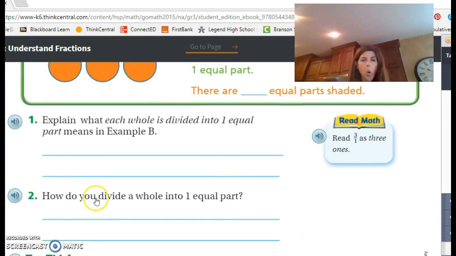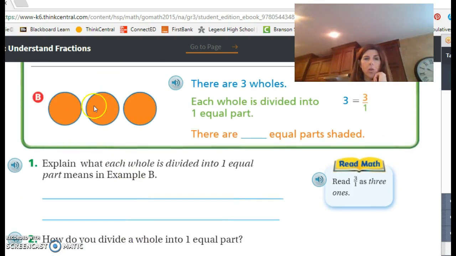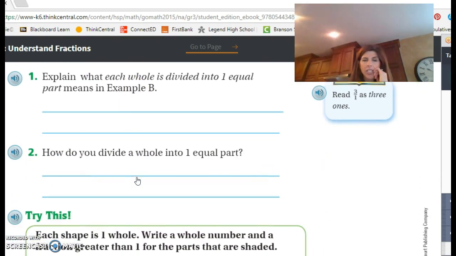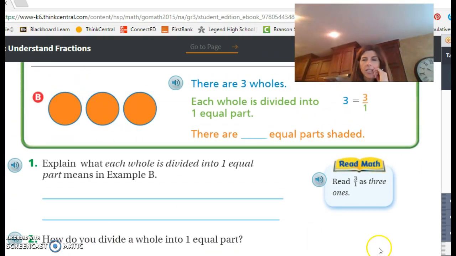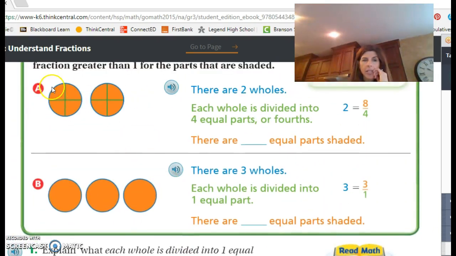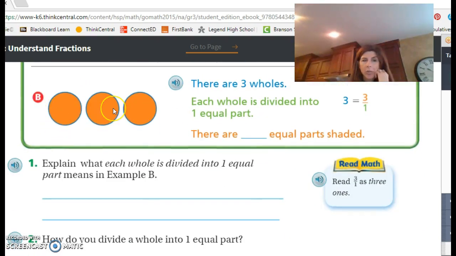How do you divide a whole into 1 equal part? Okay? So if this is a whole, into 1 equal part. Kind of a tricky question. You don't have to because it's already a part, okay? Just the same as if right up here, this is divided into 4 equal parts. I mean, 1 equal part is 1 equal part.